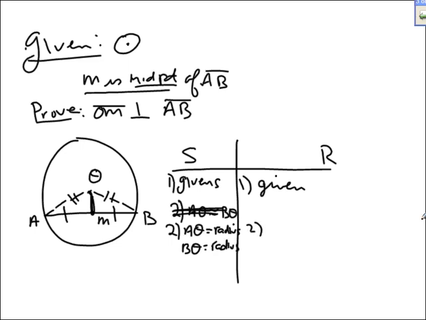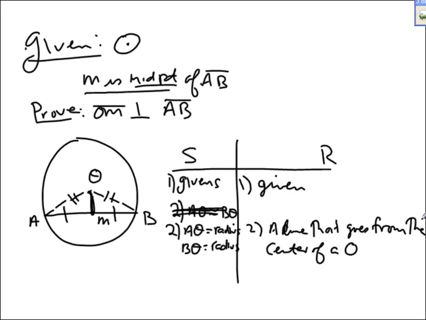Why is that? A line that goes from the center of a circle to a point on the circle is a radius. 100% definition of radius.